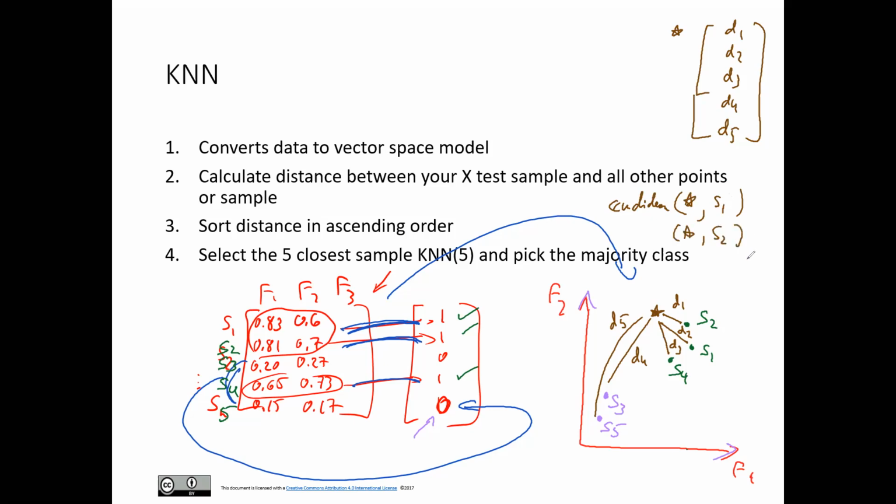So you have to do it for every single point. And that's the problem. If you have 1,000,000 samples, you have to compare that star to 1,000,000 values. That's how KNN works, basically. That's the essence of the algorithm. And so you just have to do that, okay?